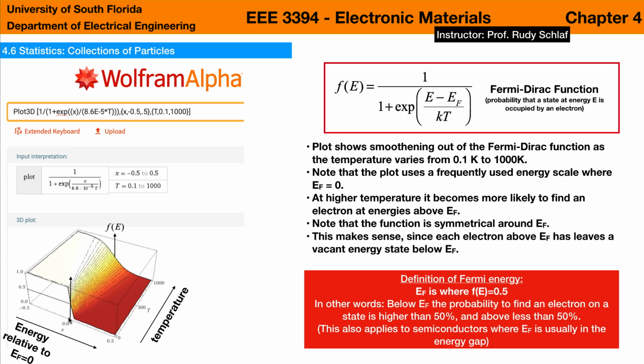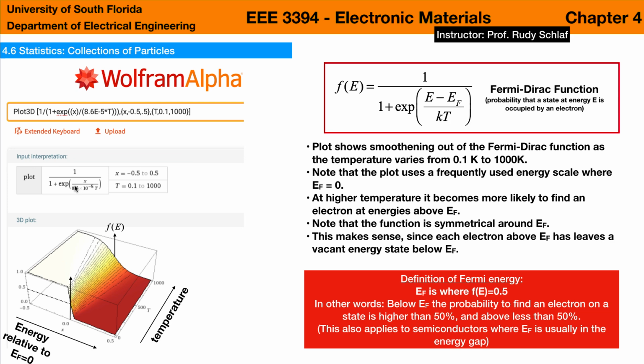That's actually an energy scale that is often used in literature because the Fermi edge is an easy reference point in many measurements that one can do on semiconductors and other materials. On the z-axis, that's the probability, so it goes from 0 to 1. And so you see here that at the 0.1 Kelvin temperature, we have almost a step function.